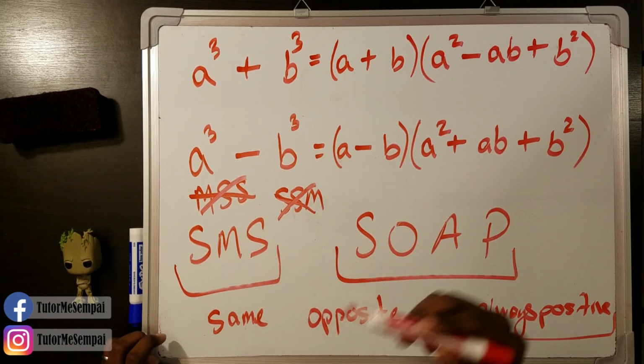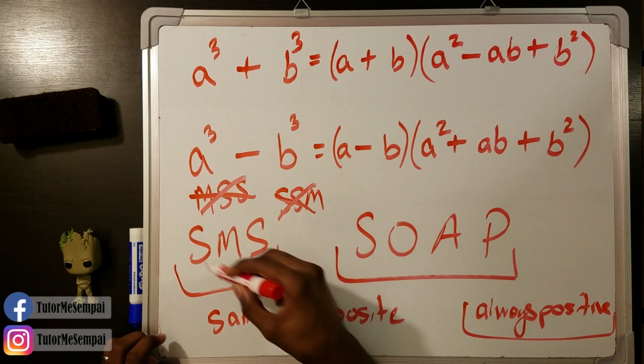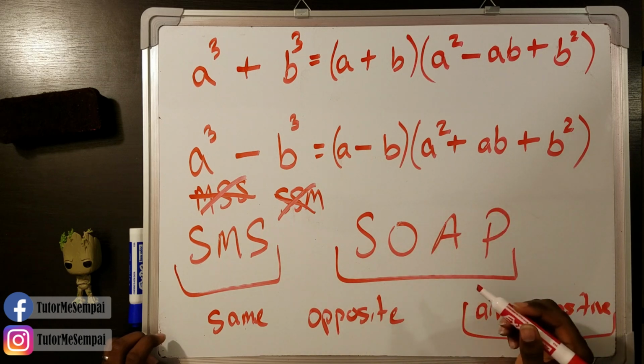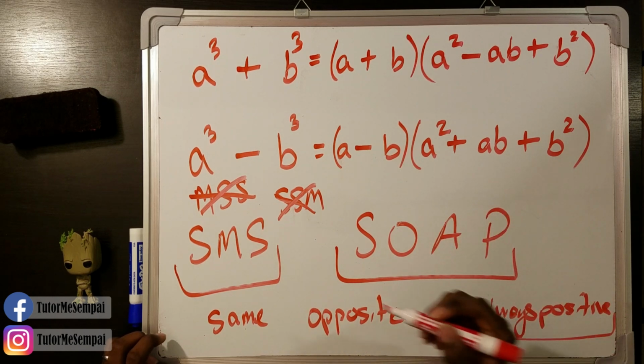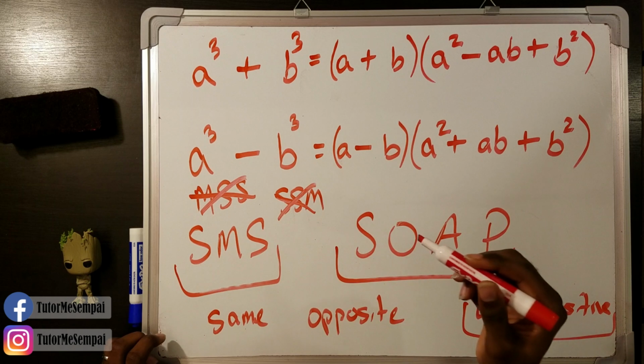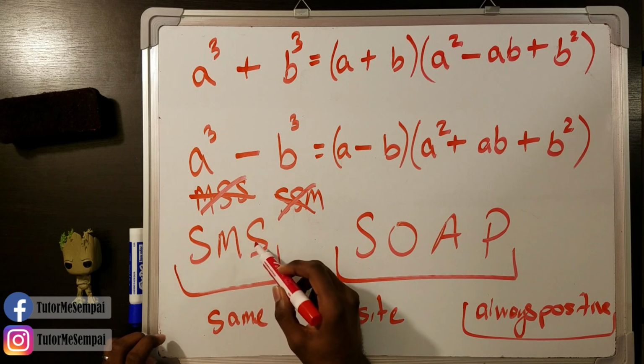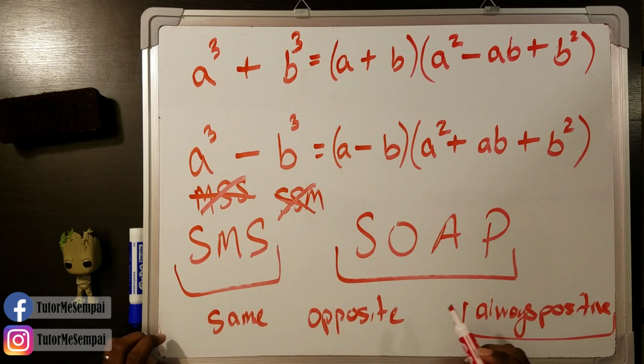That helps me keep the order of SMS without getting mixed up. And it's somewhat related to SOAP, because I like to sing in the shower. So I sing more songs while washing with soap. So if you like to sing while you're in the shower, try to remember sing more songs while washing with soap.